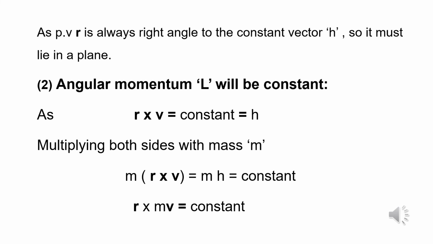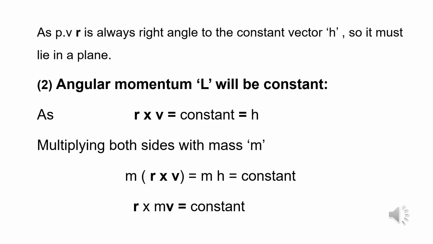The second property for the central force is that the angular momentum L is equal to a constant. As we know that r cross v vector is equal to a constant, and that constant is h. Multiplying both sides with m, we get m into r cross v is equal to mh. We know that mass is also constant, and the whole product mh will be constant.